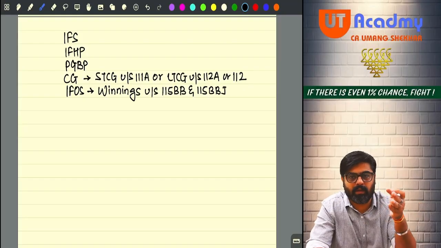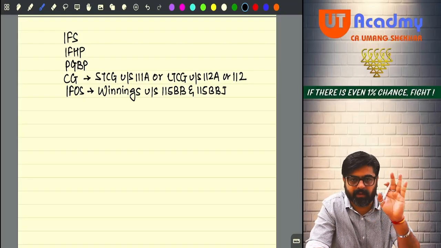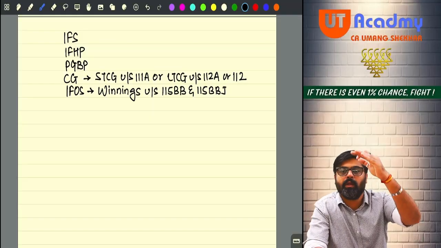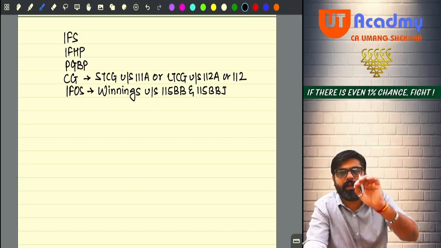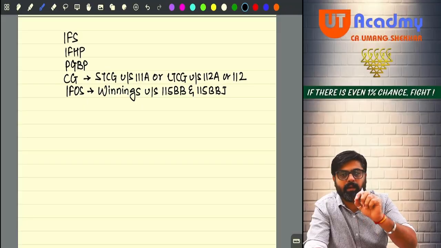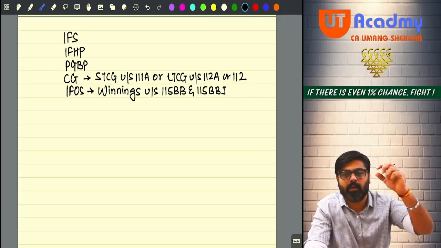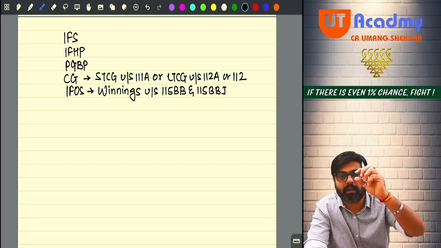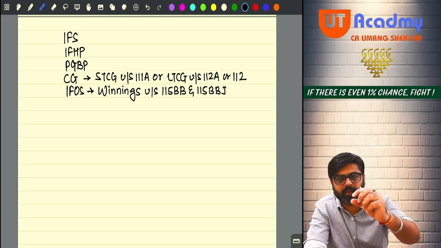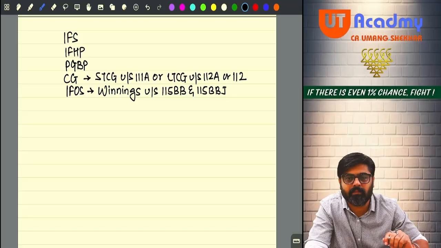Right now these are my 5 heads of income. In my capital gain head I would have shown the short term gain 111A, long term gain 112, 112A. Then under the head IFOS I would have shown winnings under section 115BB and BBJ.